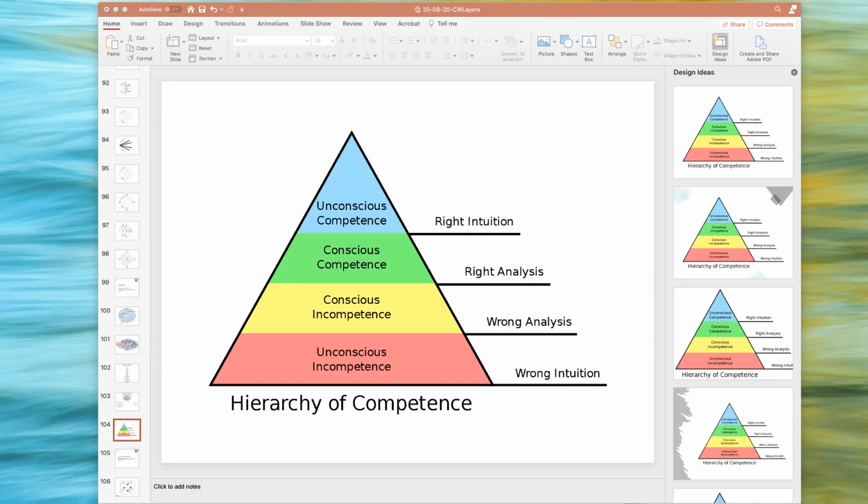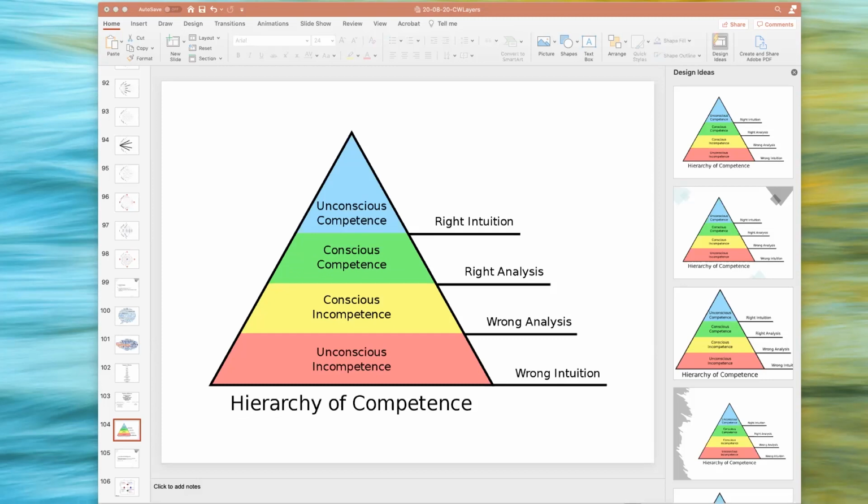Because it implies that at the heart of unconscious incompetence is that your intuition is faulty. Then it says that if you are an unconscious competent, your intuition is right. And so going back to what Dragon said, the question is, how are they defining intuition and analysis? And that's what I was trying to find.